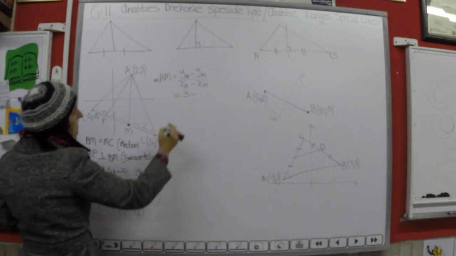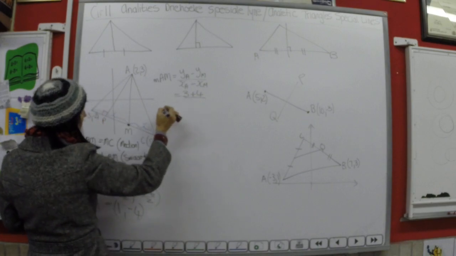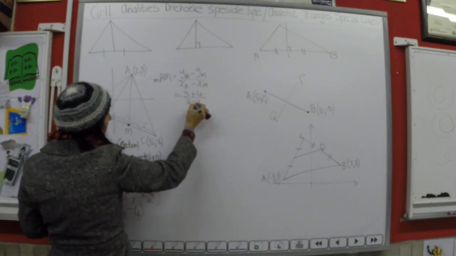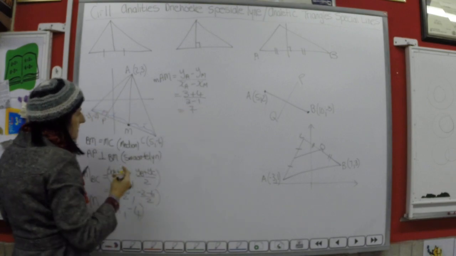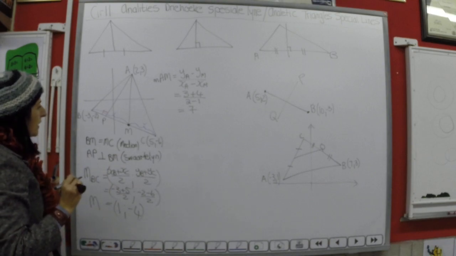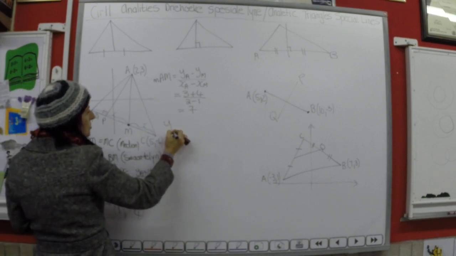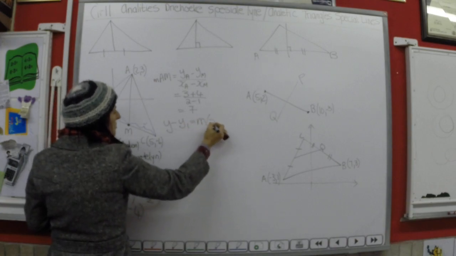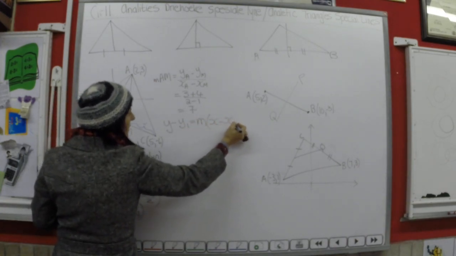So daar is hy. 2 minus 1 gee vir my 1, so my gradient is 7. So ek het nou my gradient, so watter standaard vergelyking kan ek gebruik? I can use my standard equation where I've got my gradient as well as one coordinate.